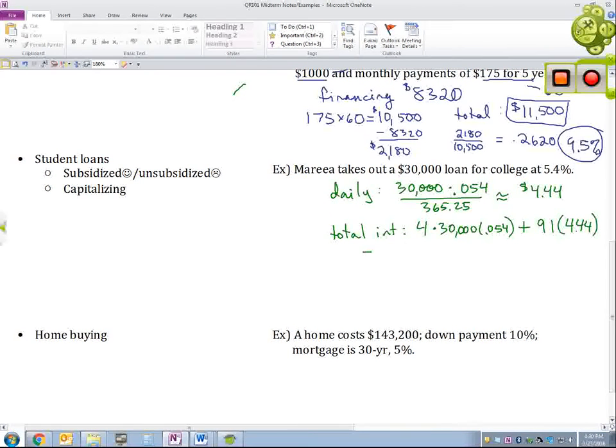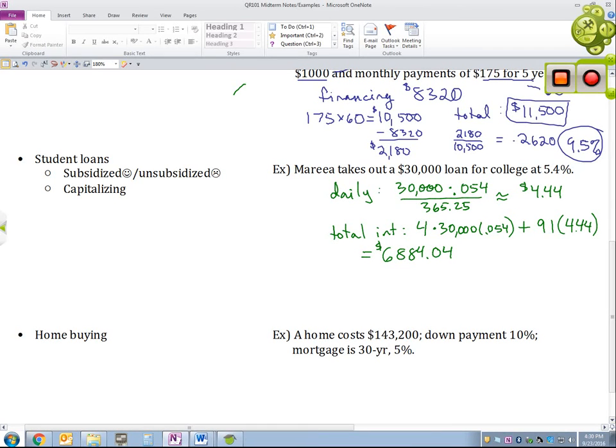And that's going to come out to be $6,884.04, okay? So that is the total amount of interest that is added onto her loan while she is in school, because her loan, again, is unsubsidized.